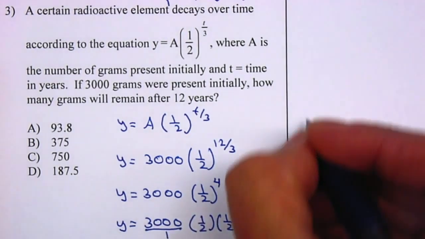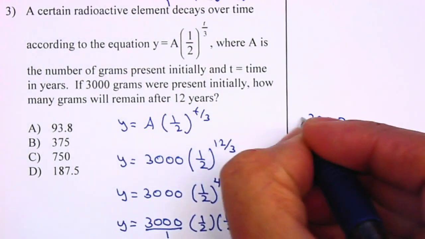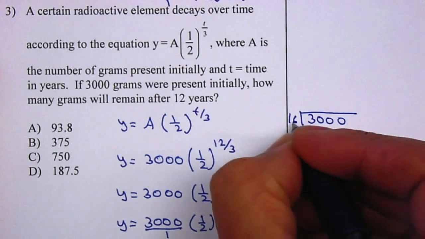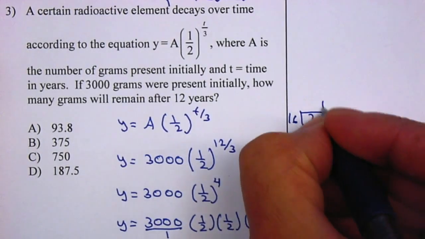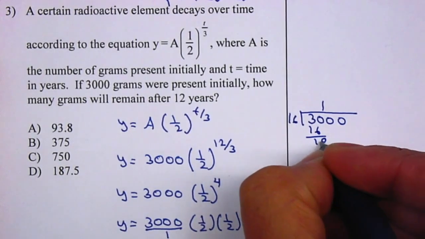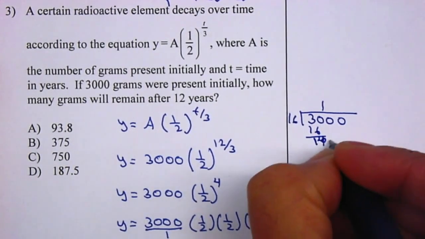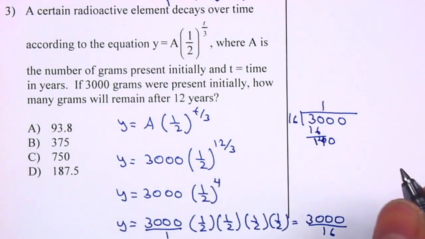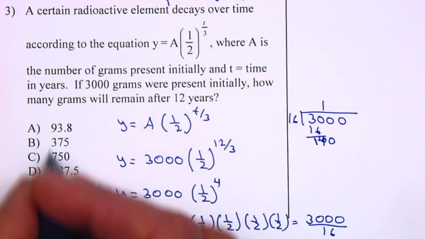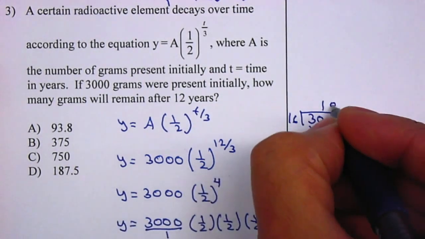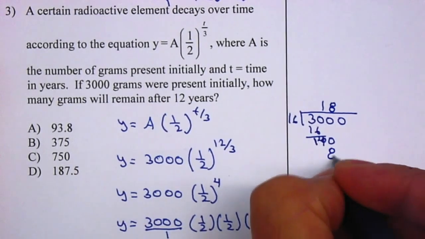We're going to do the long division. 16 goes into 30 only once because twice will be 32. 1 times 16 is 16. Subtract gives you 14. Bring down a 0. 16 goes into 140 I believe 8 times. And if you look at your answers, we're going to guide ourselves. I believe it's D, but let's double check. 8 times 6 is 48.